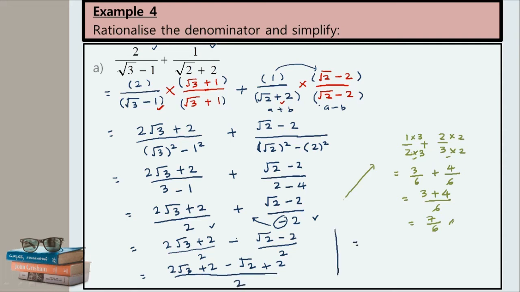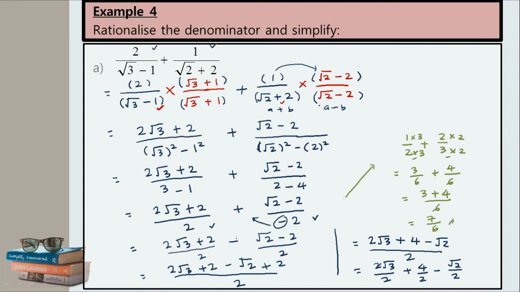Okay, so simplify. 2 surd 3 plus 2 plus 2, so plus 4 minus surd 2 over 2. And then kalau nak simplify lagi, kita pecahkan 2 surd 3 per 2 tambah 4 per 2 tolak surd 2 per 2.